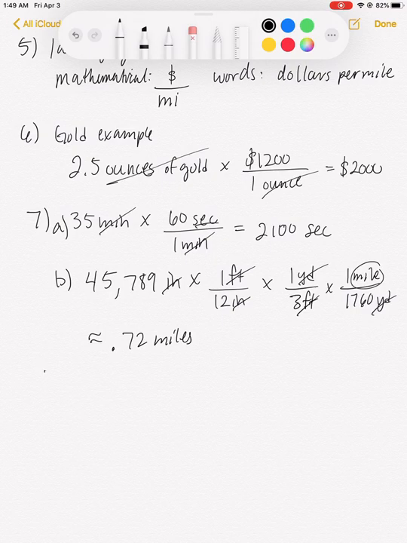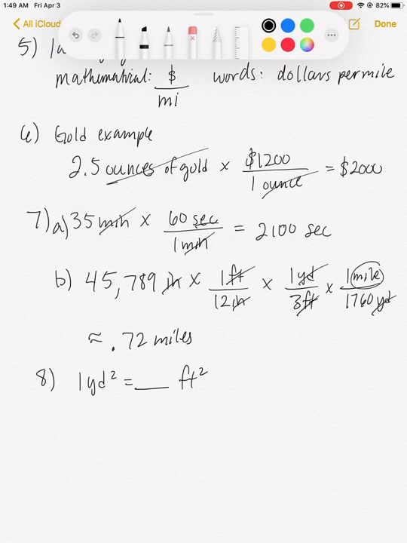Part number 8. Here we're going to use our conversions with units raised to powers. We need to find a conversion factor between square yards and square feet. I want square yards set equal to some number of feet squared. How many feet squared are in yards squared?